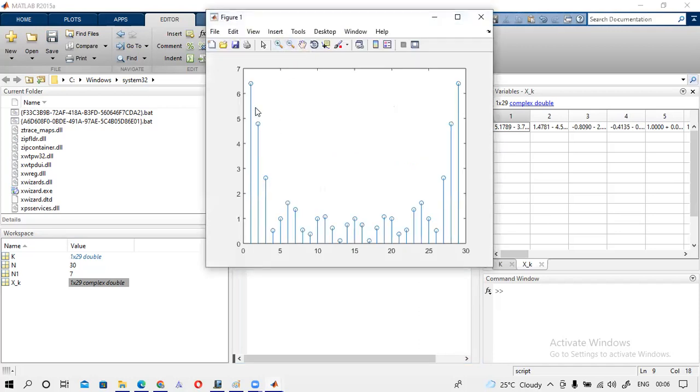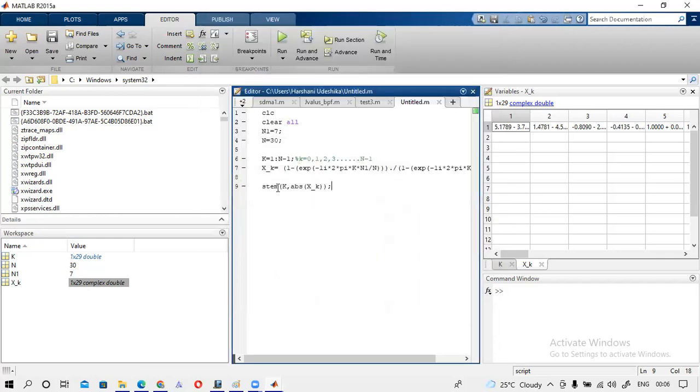We will get this kind of one, I think it will be like this. Anyway, if we plot this, let's see what happened.